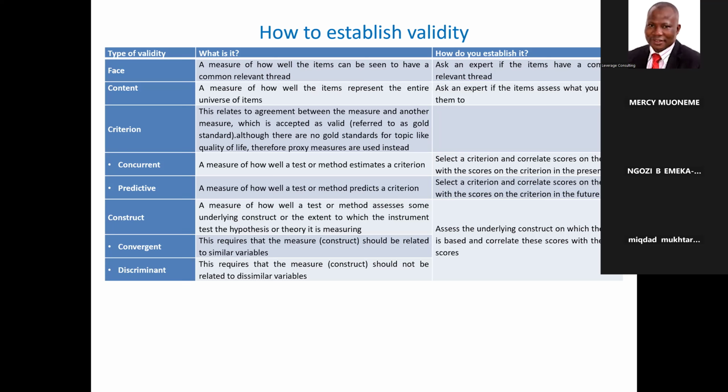For example, now, I did discriminant construct validity. When I was doing my part 2, looking at quality of life of people living with HIV, to validate the instrument to see that it is actually measuring the quality of life of people living with HIV, I came with the idea of somebody that has HIV that has not gone into AIDS.